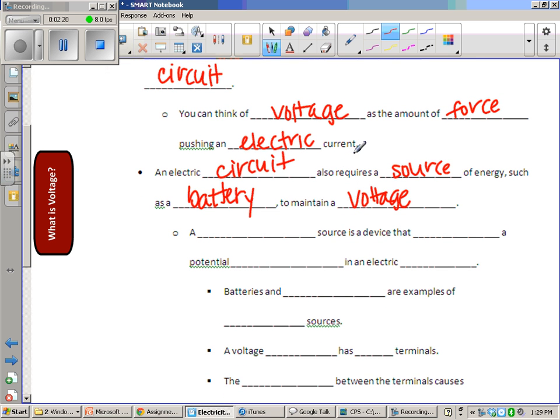A voltage source is a device that creates a potential difference in an electric circuit.